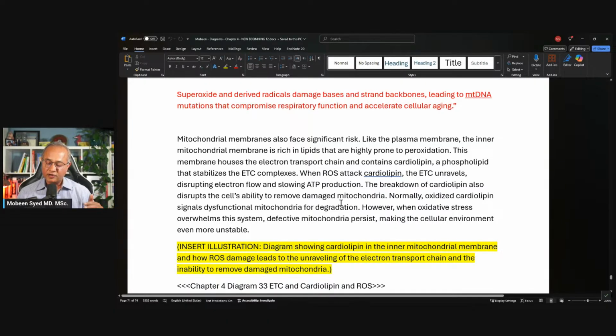The breakdown of cardiolipin also disrupts the cell's ability to remove damaged mitochondria. Normally, oxidized cardiolipin signals dysfunctional mitochondria for degradation. However, when oxidative stress overwhelms this system, defective mitochondria persist, making the cellular environment even more unstable.